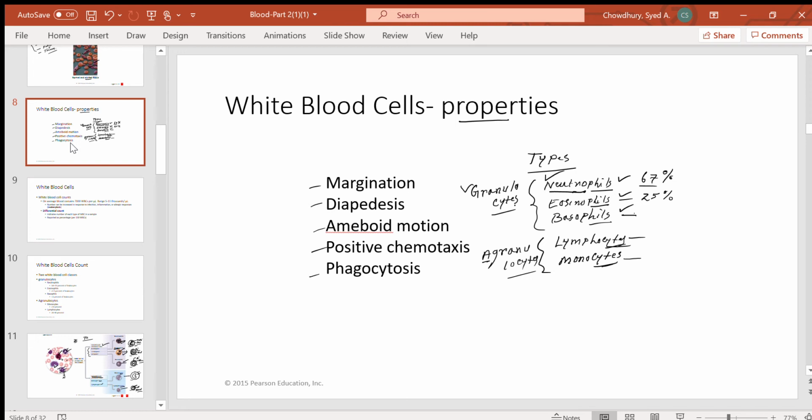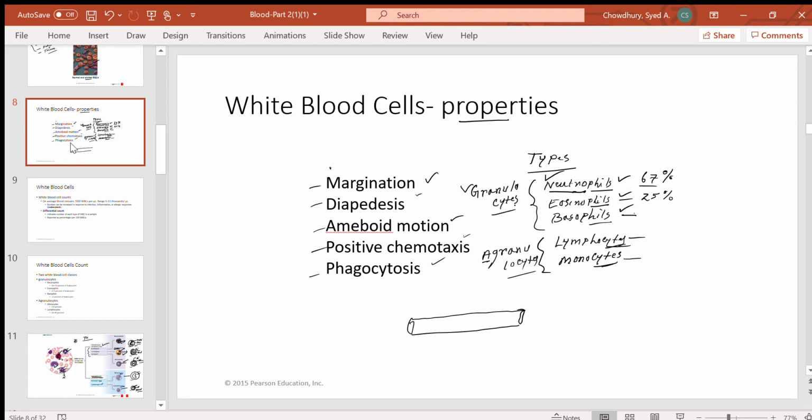Let me quickly explain these physiological properties of the white blood cells. If I ask you what are the properties of white blood cells, you have to mention all these. Don't say that there is a nucleus or there are granules. Those are not the properties. These are the functional properties.